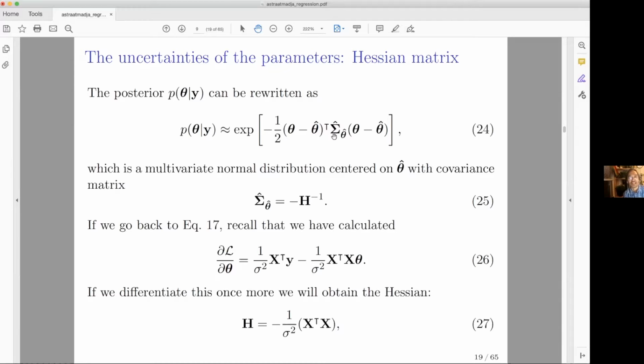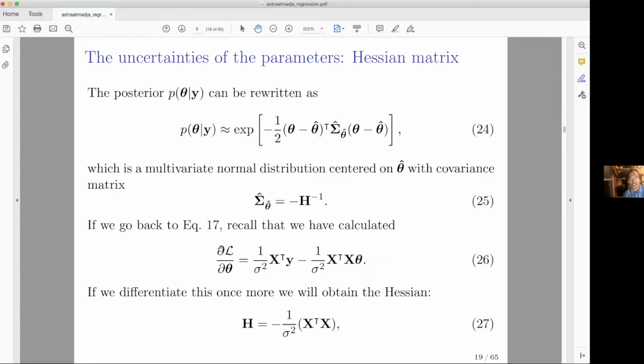Right. So if we rewrite that as a Gaussian, then we can see that this is the inverse covariance matrix, just like before. This is the negative inverse of the Hessian matrix. We already calculated this before, and we already set it to 0.